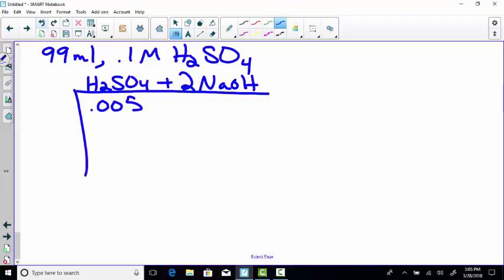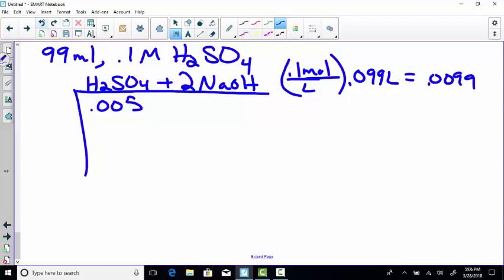Okay, so we're at 0.005, and so now we're at 0.1 moles per liter times 0.099 liters, which means we're at 0.0099 moles. So 0.0099 moles is where we're at. Okay, so we need to do some stoich.